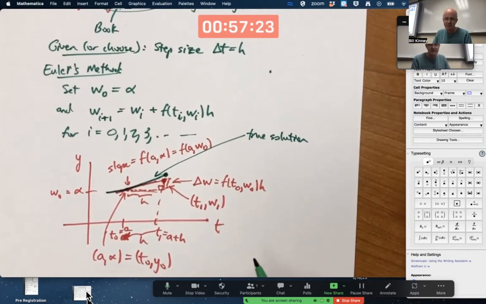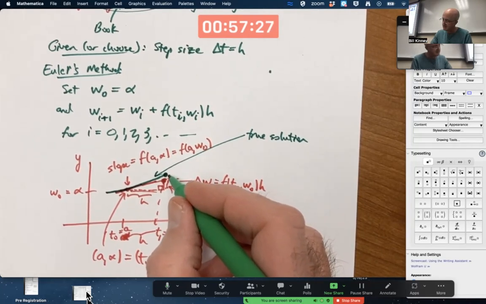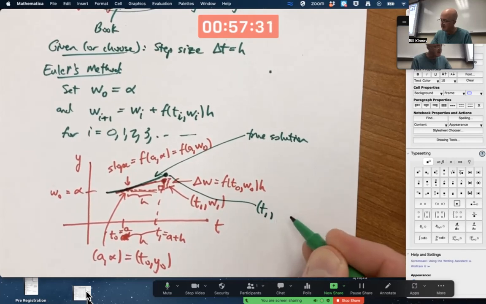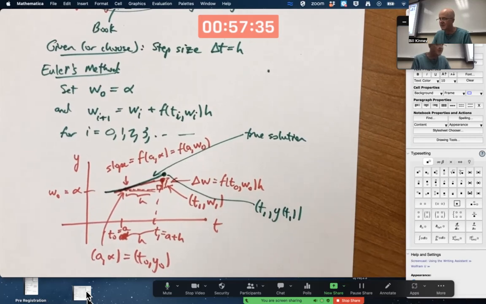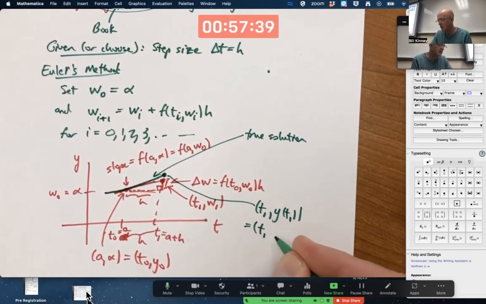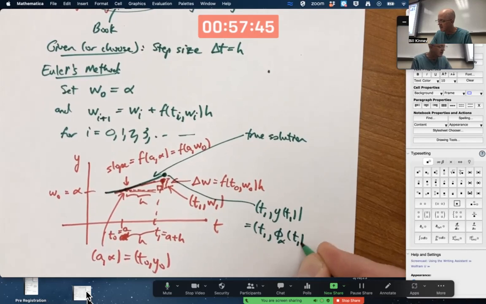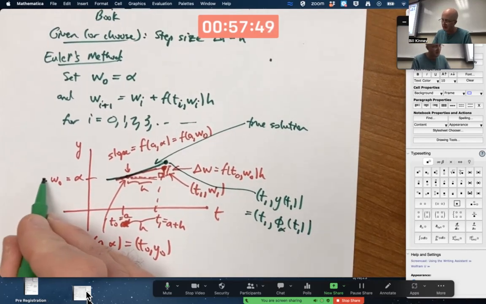So its coordinates at this point would be t1 comma, well, the book writes it as y of t1, where y of t is your unique solution. I would be more prone to write that as t1 comma phi sub alpha of t1, using an alpha because that's the same as y naught.